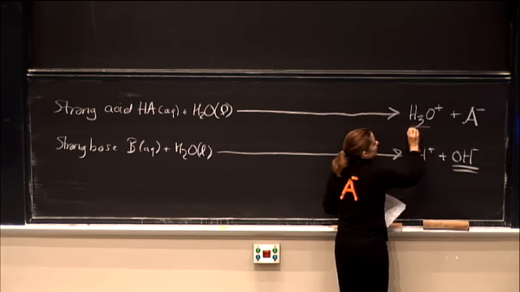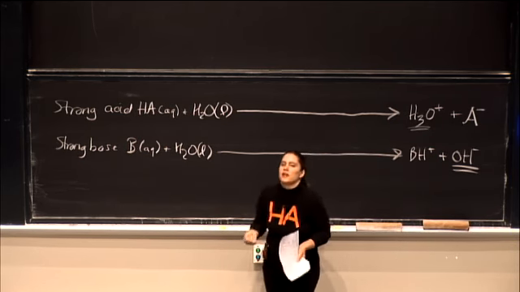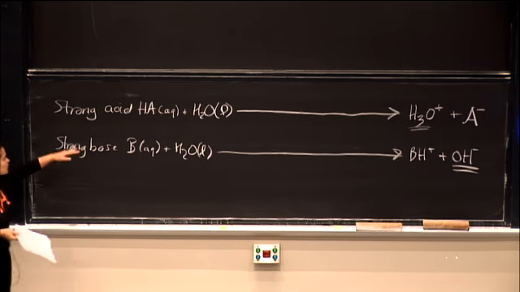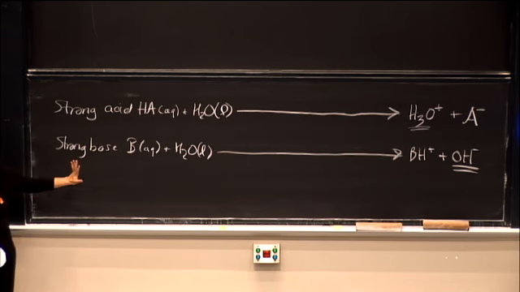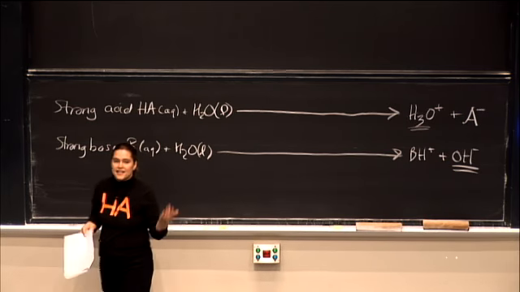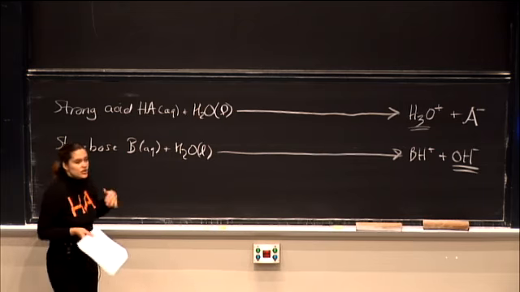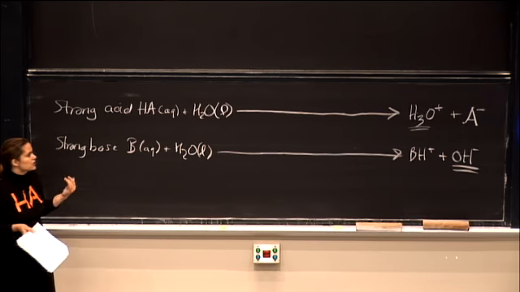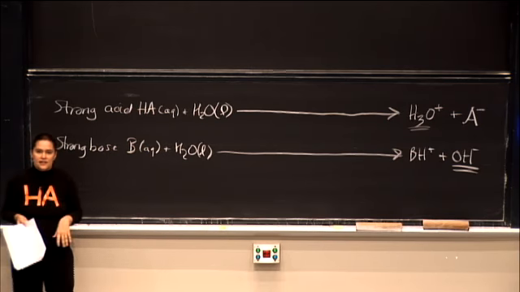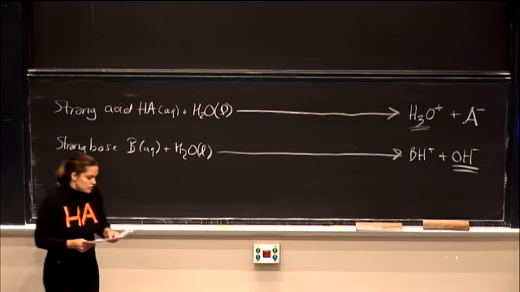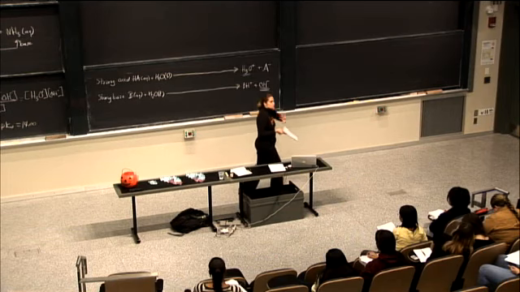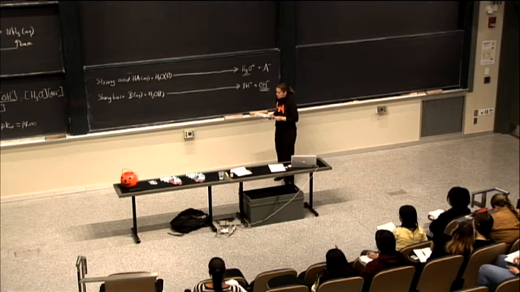How much strong acid you add is equal to how much hydronium ion concentration you have here. So however much of a strong acid or strong base, you think they go all the way to completion. But for a weak acid, we're going to have equilibrium, and so you'll have to set up equilibrium tables to figure out if you added this much weak base, how much did it ionize? So remember that for this, people get worried about the strong acid, and you just assume it goes right to completion.